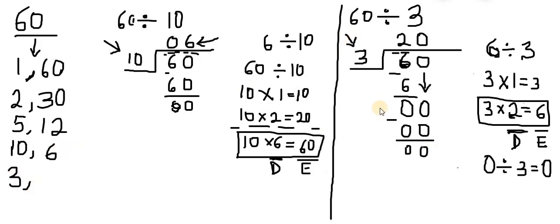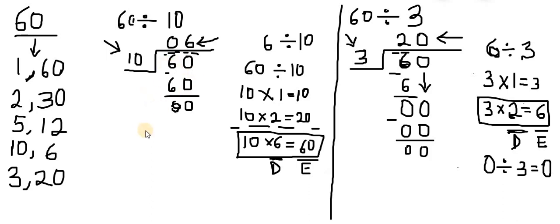But the thing is, if 3 is a factor, then the answer it creates is also a factor, and that's 20. Okay? Now, you might think we're done, but I still think if 2 is a factor, there's a possibility 4 might be a factor.